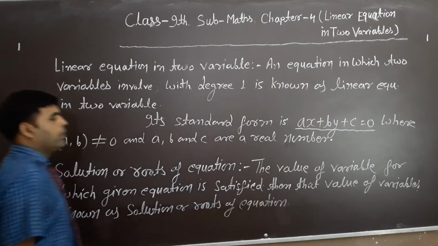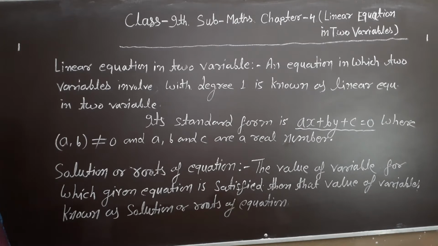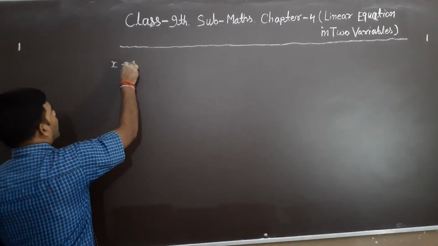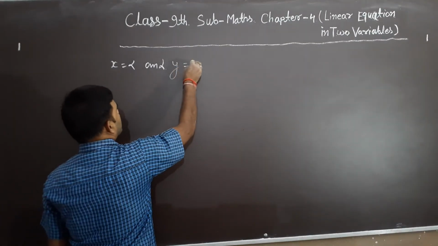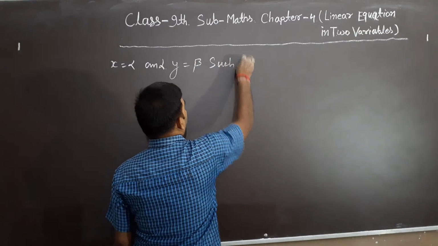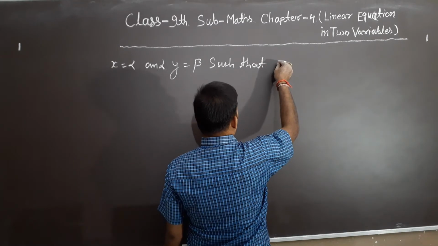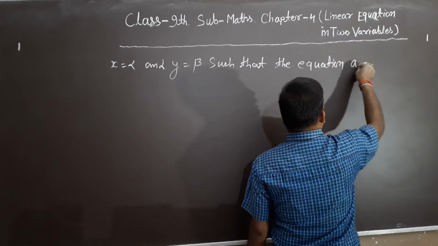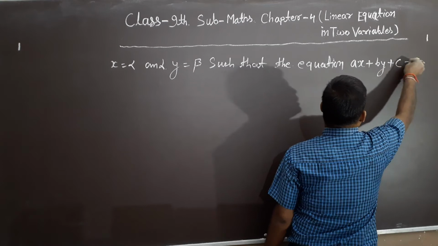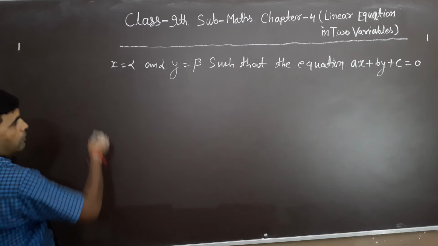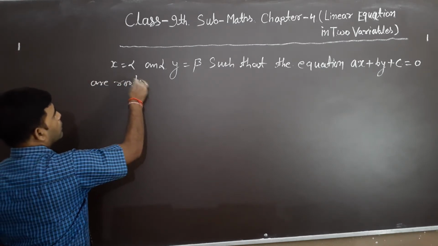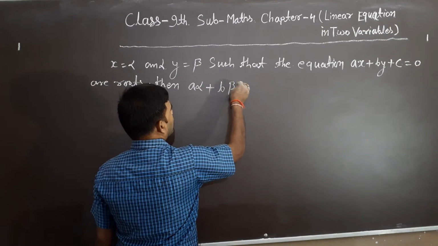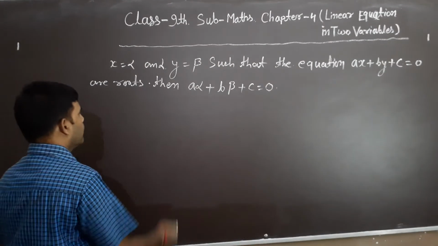That means if x equal to alpha and y equal to beta are roots of the equation ax plus by plus c, then a alpha plus b beta plus c is equal to 0.